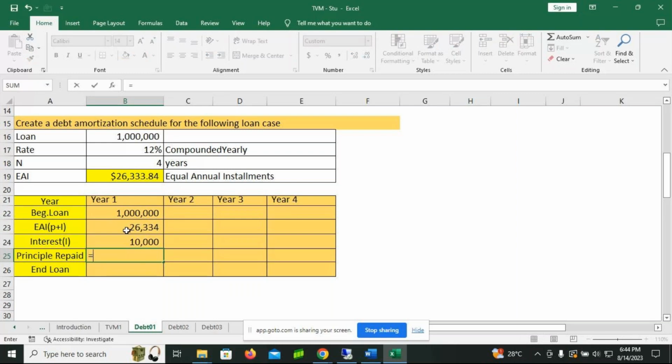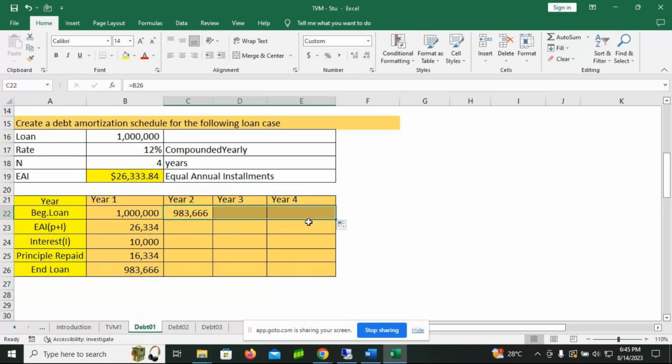So principal repaid will be EMI minus interest. So end of the first year loan, 1 lakh minus 16,000. So 9 lakh 83,000. So here the beginning of the period will be last year's closing balance. So I'll take my cursor here, just drag the values, that is do the fill series, and EMI is going to remain the same throughout the 4 years.